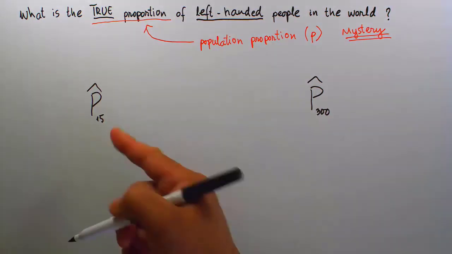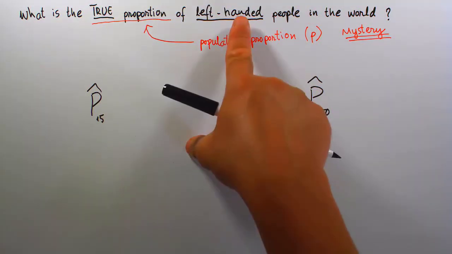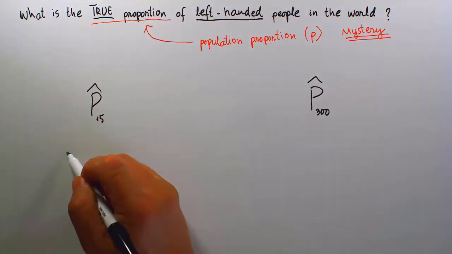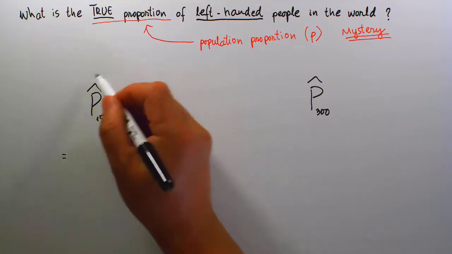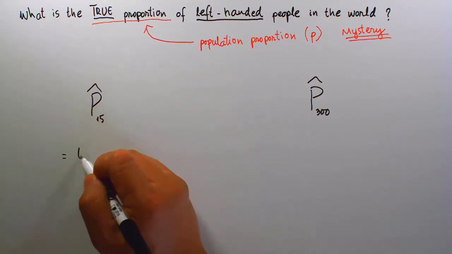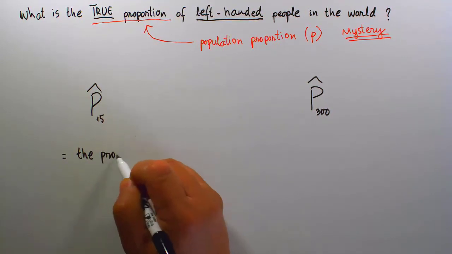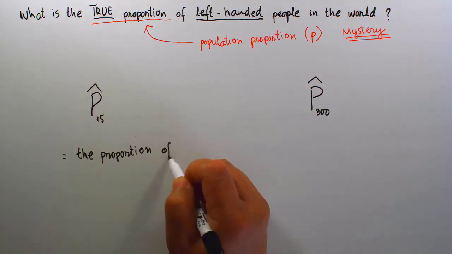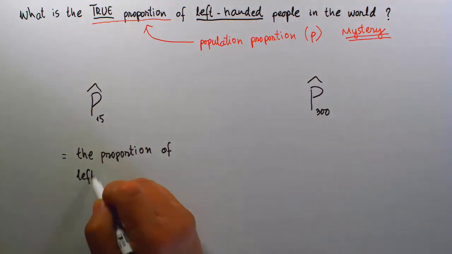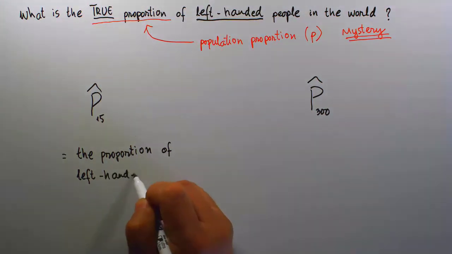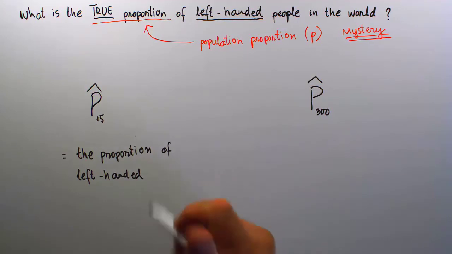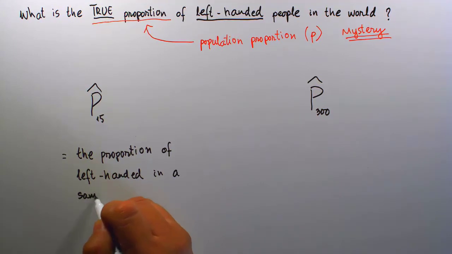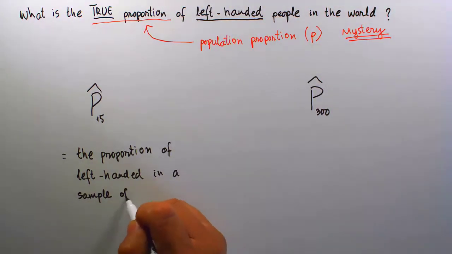Provided we're still talking about the proportion of left-handed people, capital P hat 15 means each of the values this random variable takes is the proportion of left-handed in a sample of 15.